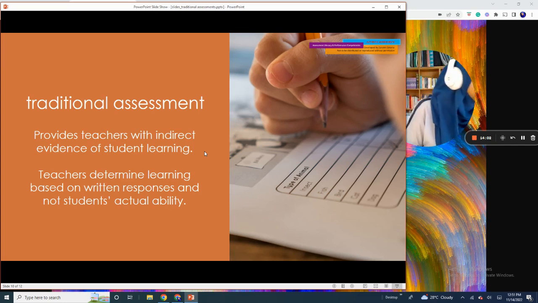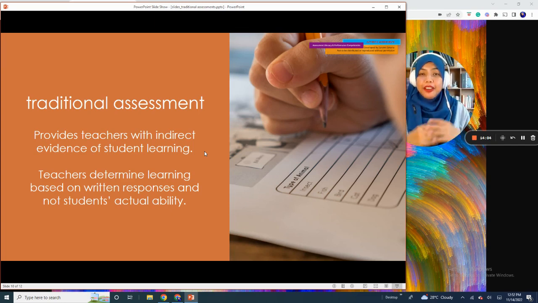Okay, so in a gist, we have looked at traditional assessments and their limitations. But despite all these limitations, why do assessment administrators globally, whether in schools or higher learning institutions, still use traditional assessment?